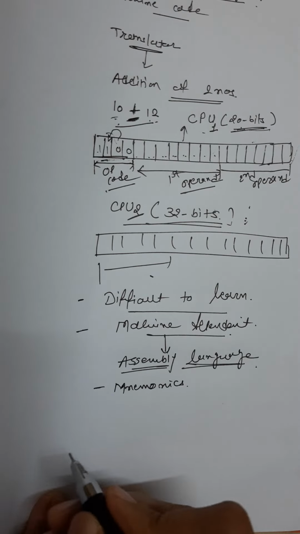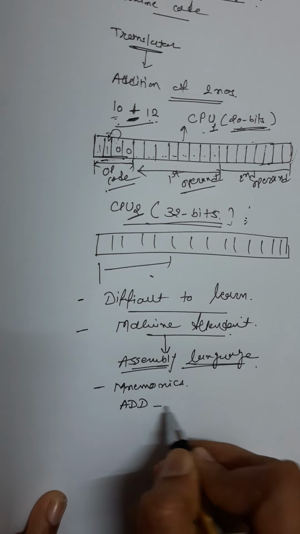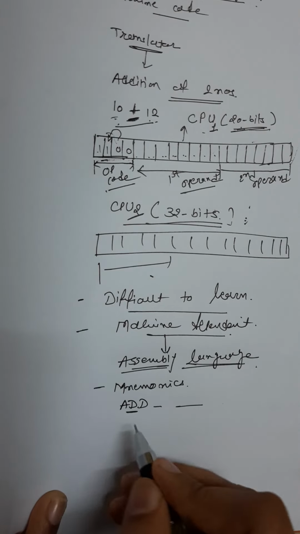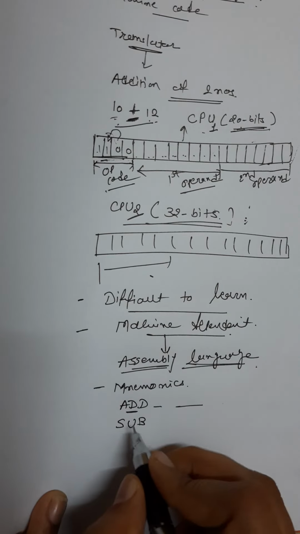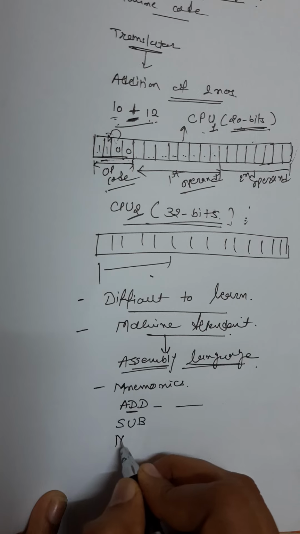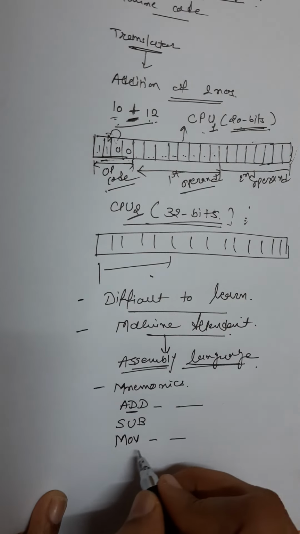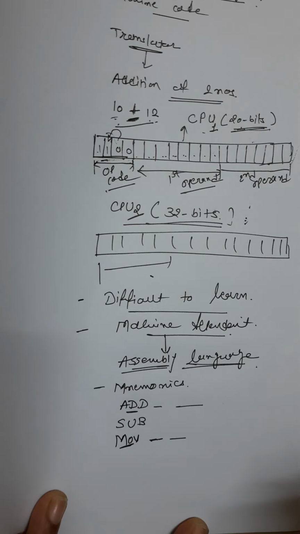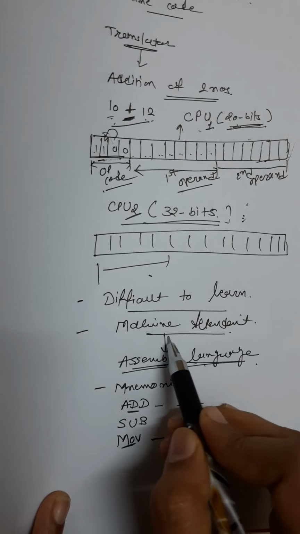Like if I want to perform the addition of two numbers, then I have a code like add. If I want to perform subtraction, then I have a code sub. If I want to move from one register to another register, then I have a code mov. But the same problem: this assembly language is also machine dependent.